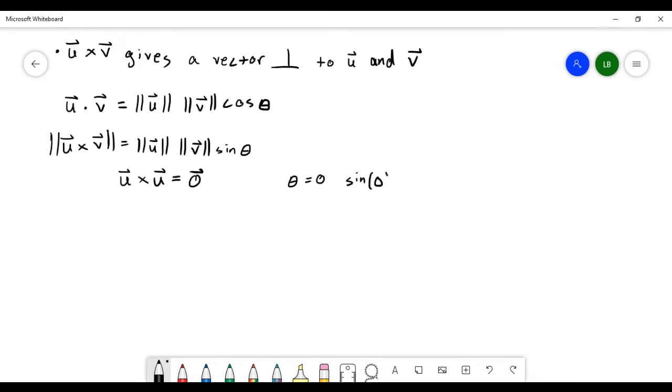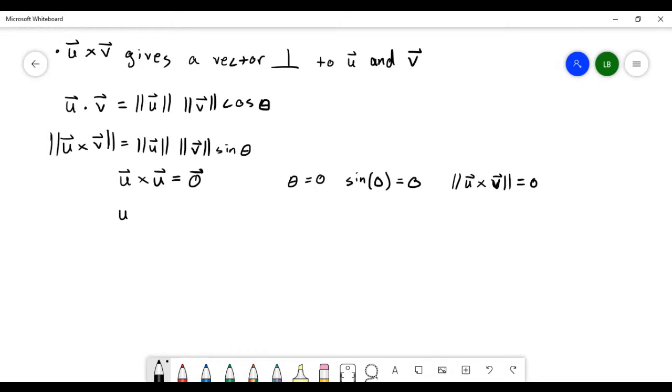So the sine of 0 is equal to 0, which tells you that the magnitude of the cross product would be 0, which means the only vector with a magnitude of 0 is the 0 vector. So this cross product formula tells us that a vector crossed with itself gives the 0 vector.